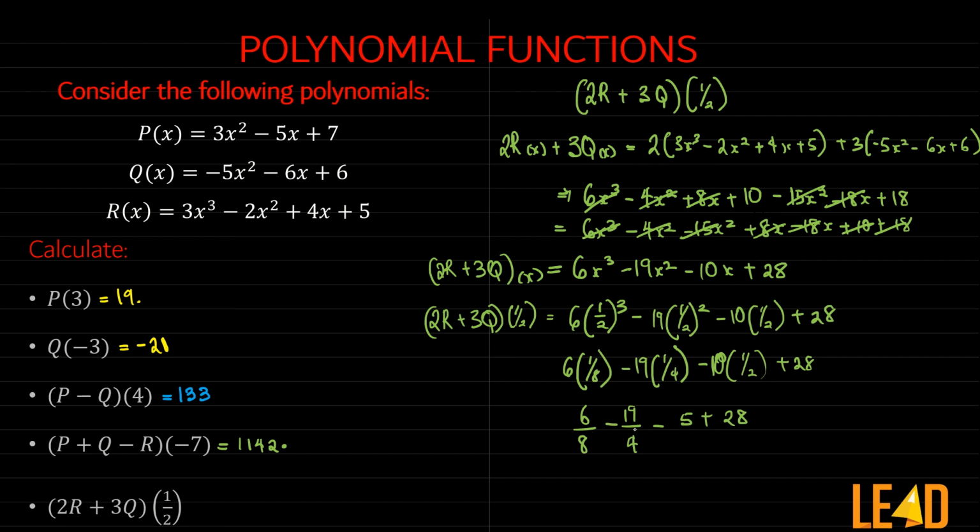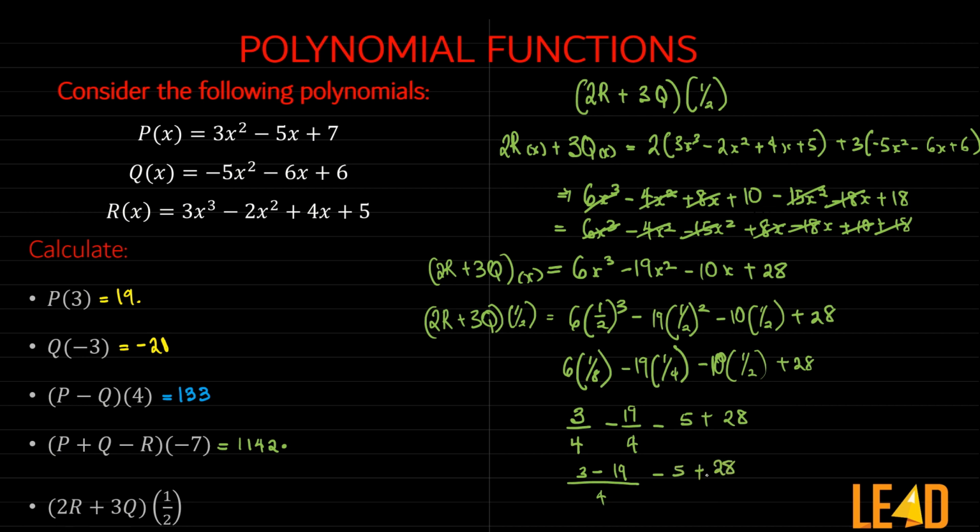Let me put these two together. My LCM, oh, you know what, I can make my LCM here 4. So because of space, I'm just going to rewrite that as 3 over 4. So 4 divided by 4 is 1. So this is 3 minus 19 over 4 minus 5 plus 28.